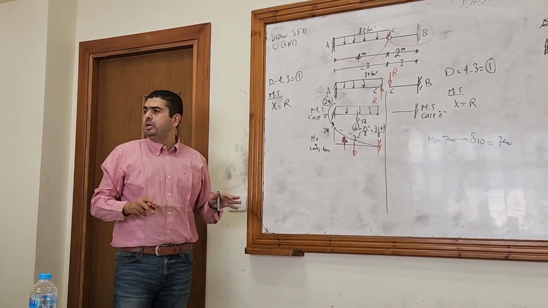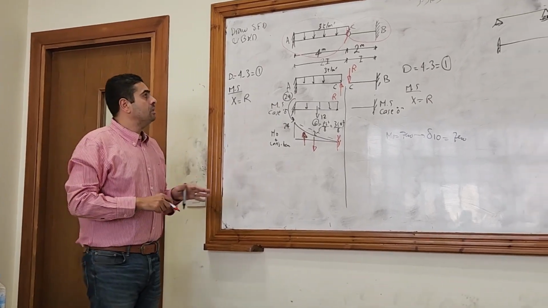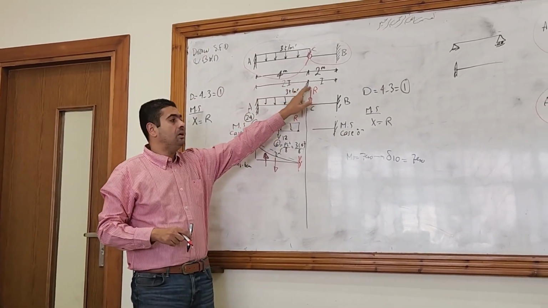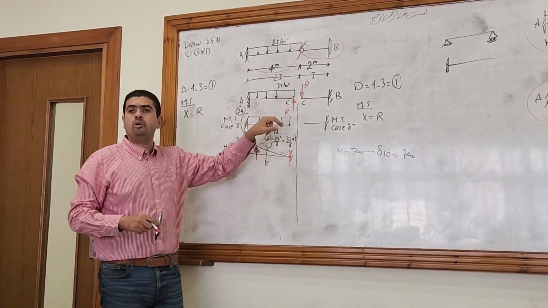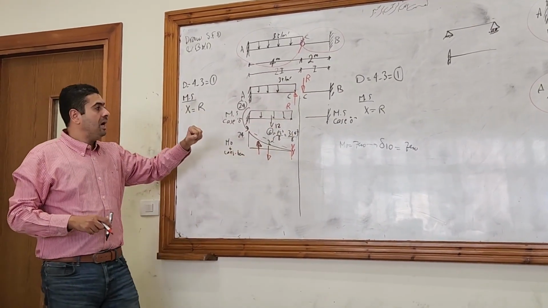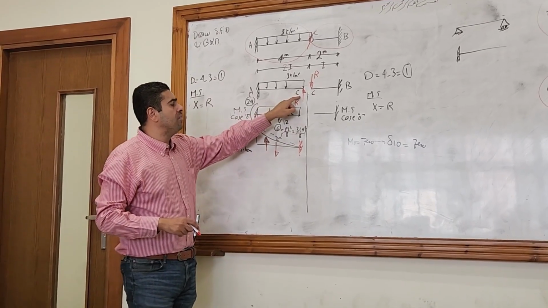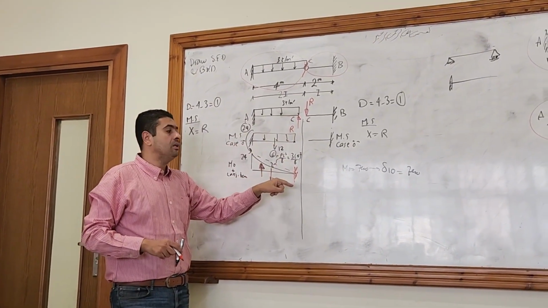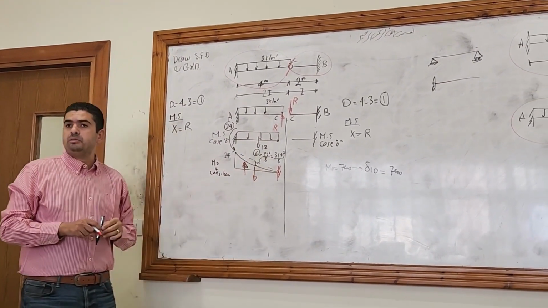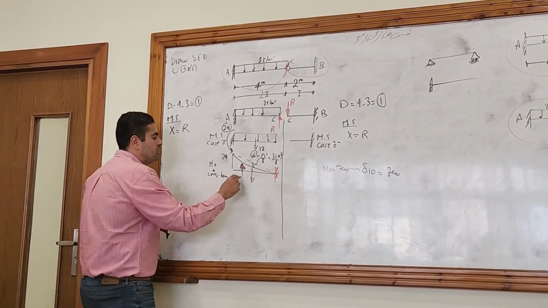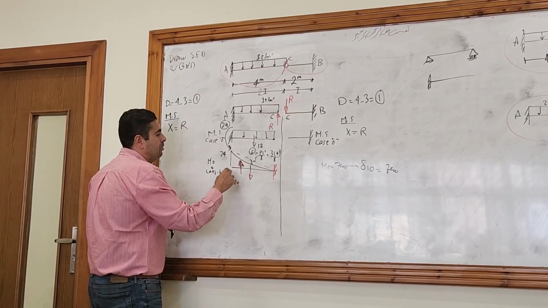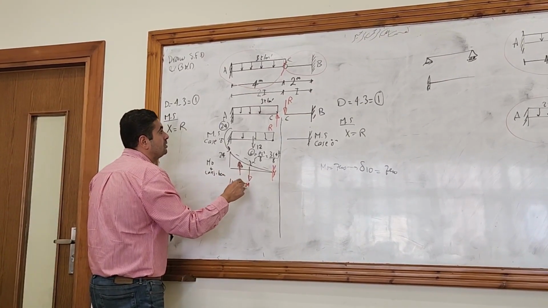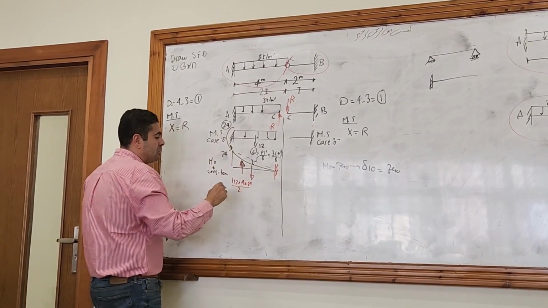Is there any split? Do I need to split the areas? The change in inertia is here at C, and the two parts are already split at C. And the point that you remove your redundant at is also at C, so it's already split. So this will be half base 4 times height 24 divided by inertia, which is 2.